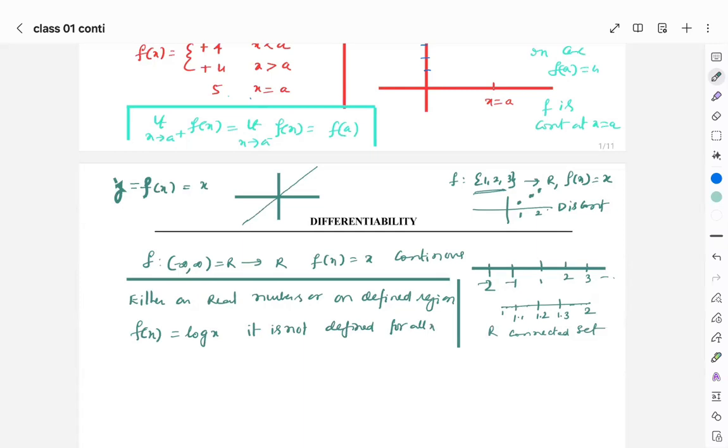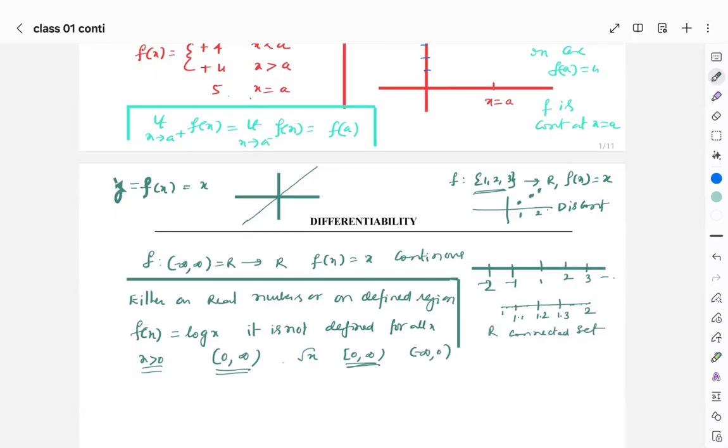In the domain it's defined only for greater than zero, that is zero to infinity. So we can't discuss its continuity over real numbers. Root x, we can discuss its continuity over this. So what do you say about its continuity on minus infinity to zero?